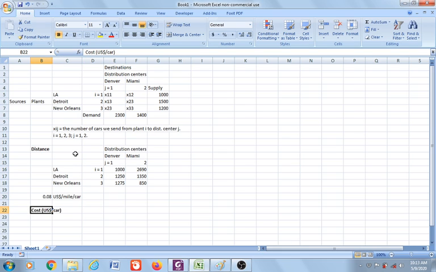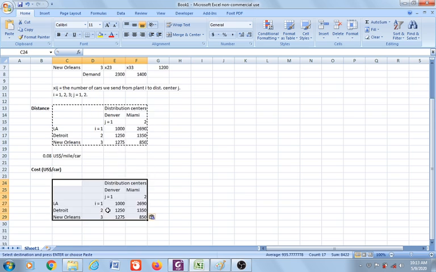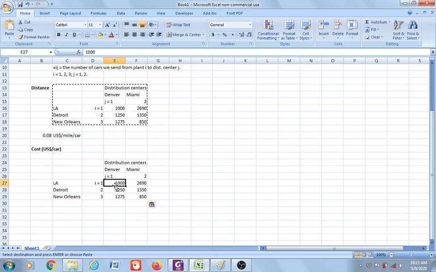Okay. So this is the cost of sending from LA to Denver. So it's gonna be 0.08 times the distance.